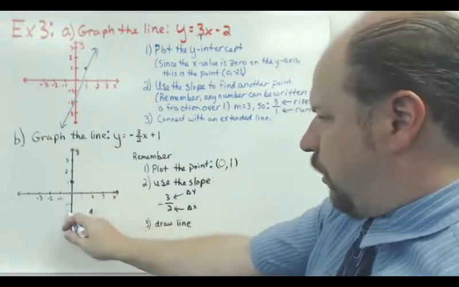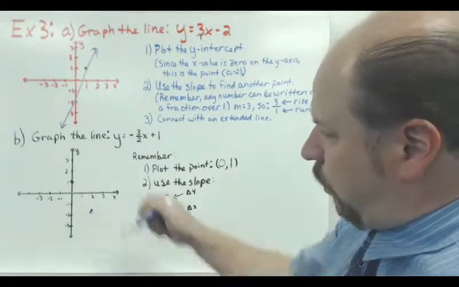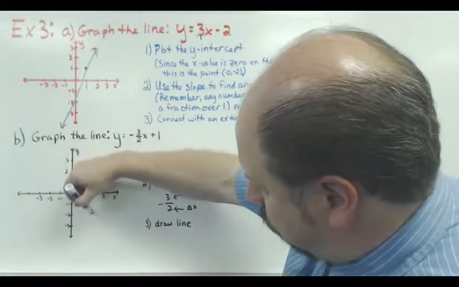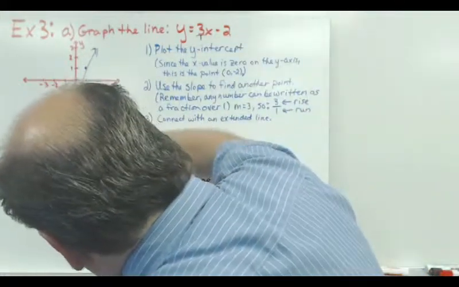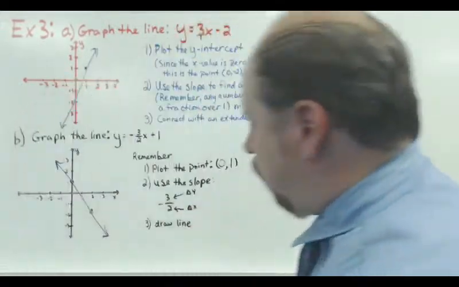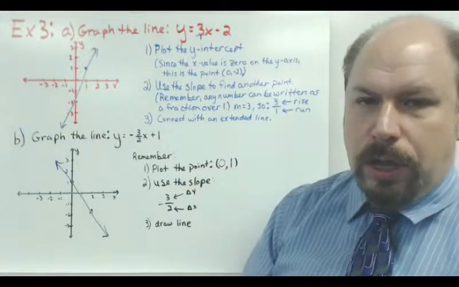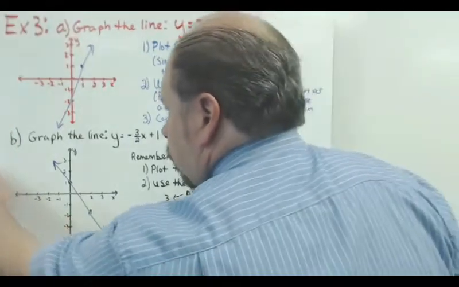So our change in y is negative 3, our change in x is positive 2, and now draw the line. I will do my best here. Okay, so there is our line for that one.